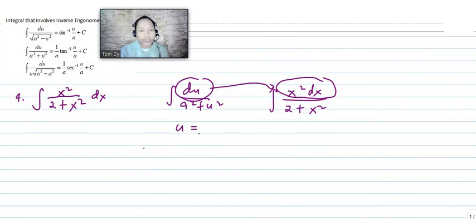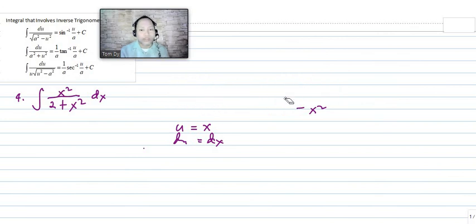Our u is x, and then our du equals dx. However, for this one, this is x squared dx, this is dx. Therefore, we cannot apply directly this formula. Instead, we will find another way, or we will make use of another formula.